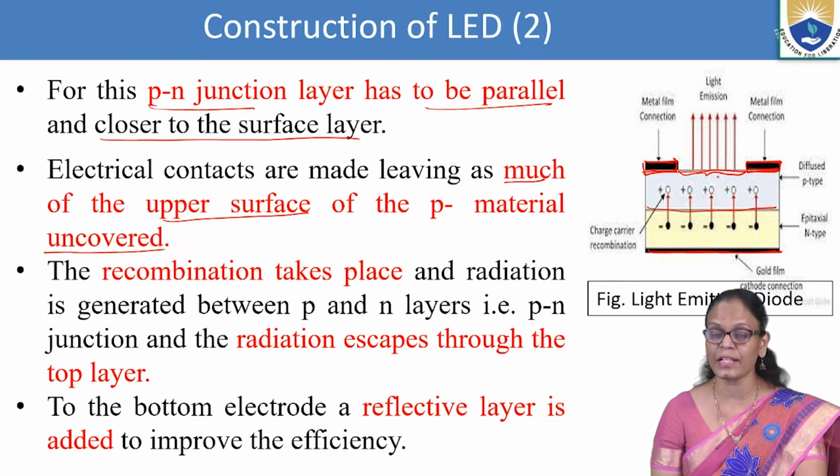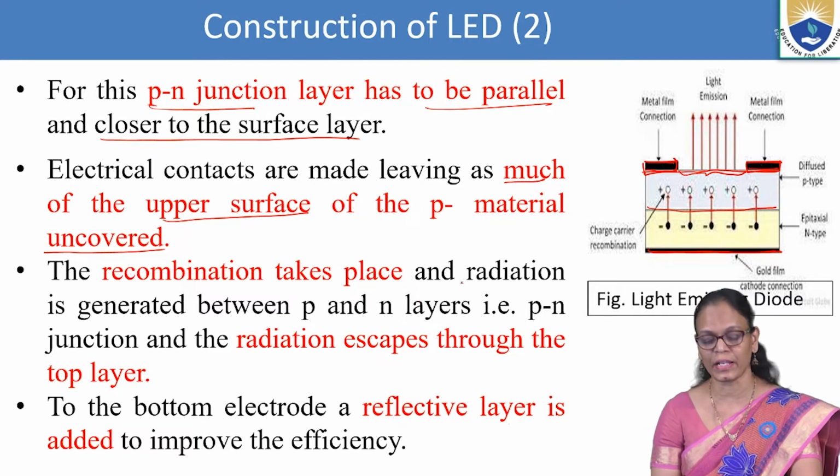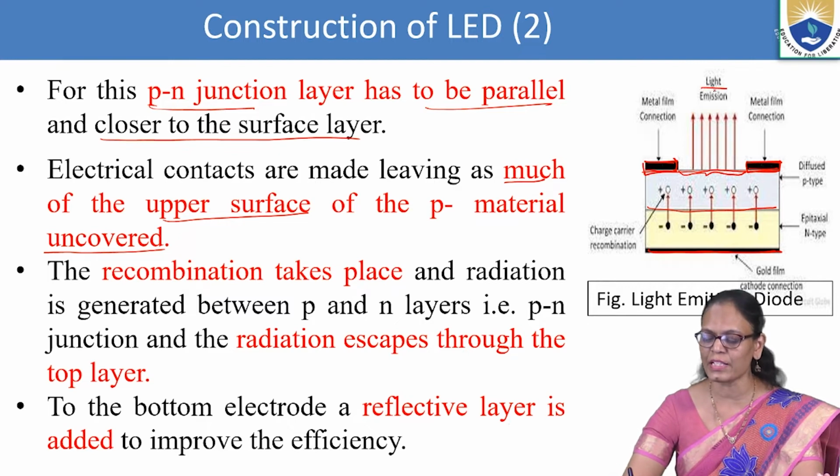Why are we leaving it uncovered? Because when the recombination takes place and the radiation is generated between p and n layers, the radiation escapes through the top layer. So we are going to leave a space for the light emission. This is how the radiation is going to come out from the top surface whenever there is recombination. So we are going to see the function.